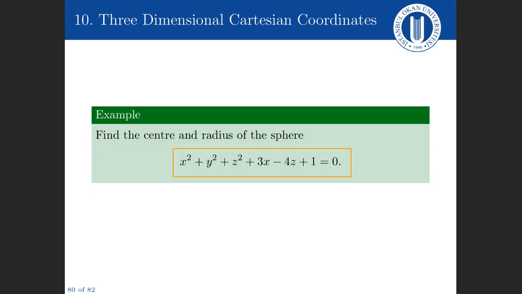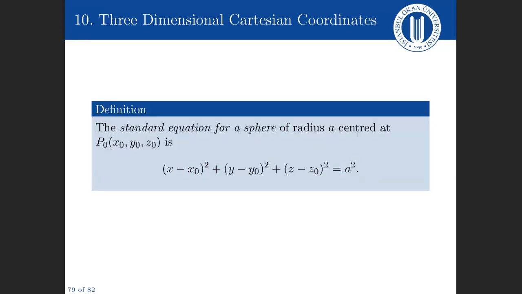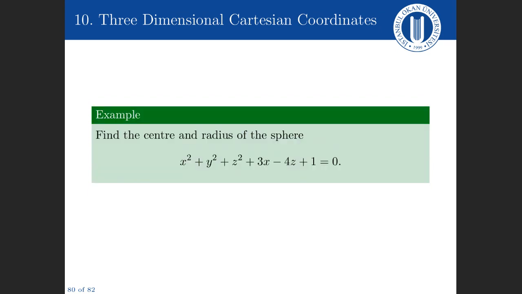First thing we need to do is change our equation so that it looks like the standard equation. After we get the standard equation, we can then read off x0, y0, z0, and a, and then we've answered the question. So we're going to take this equation and rearrange it.